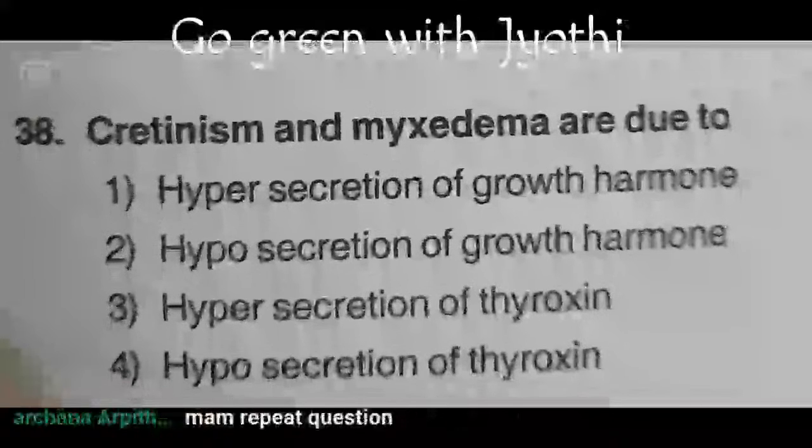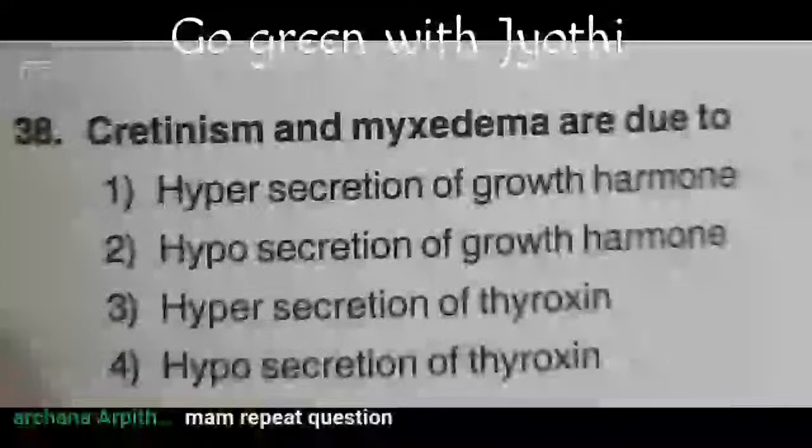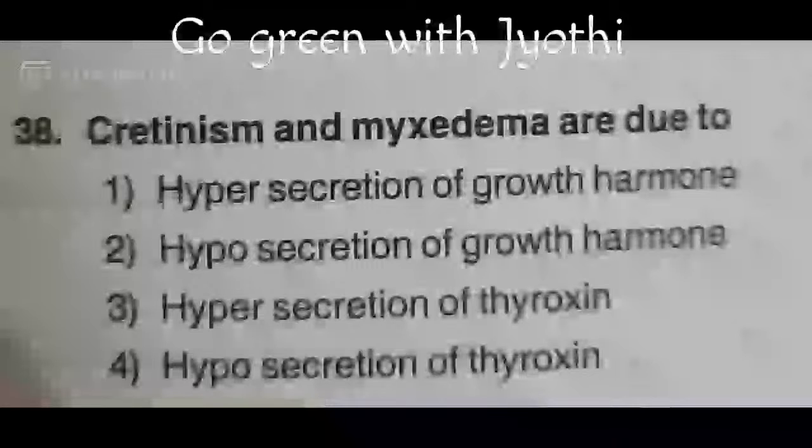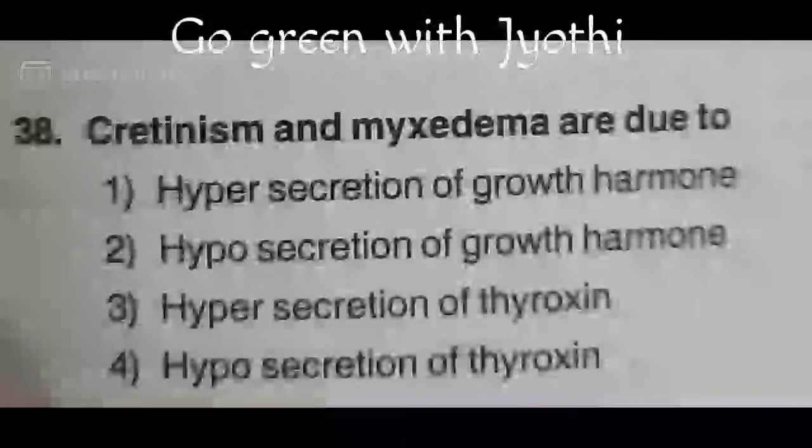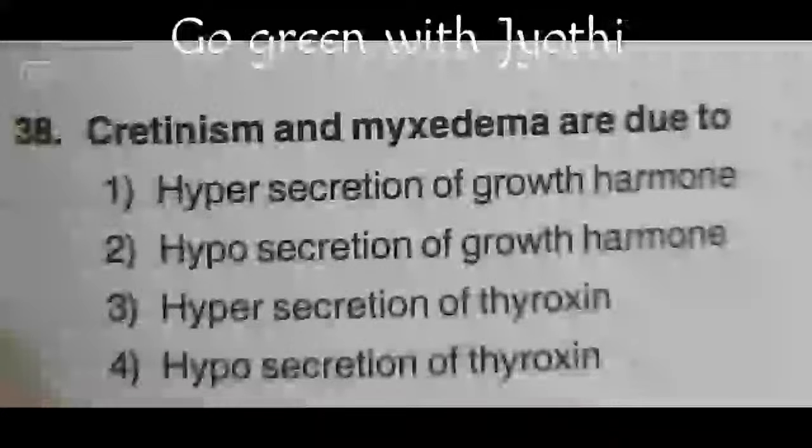Okay, these are the two disorders we come across among human beings, among the children and among the adults, due to... The options go like this: hypersecretion of growth hormone, hyposecretion of growth hormone, hypersecretion of thyroxine, hyposecretion of thyroxine.